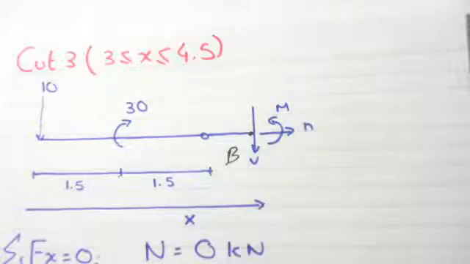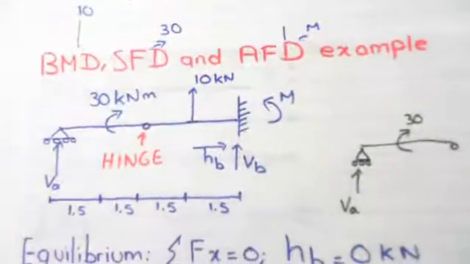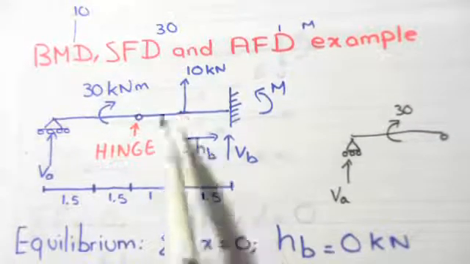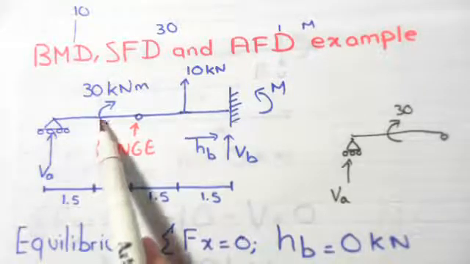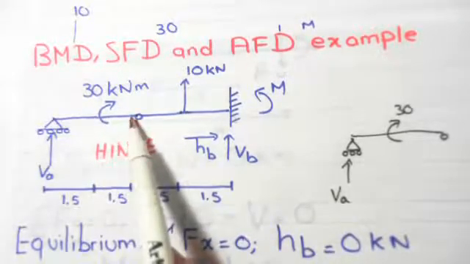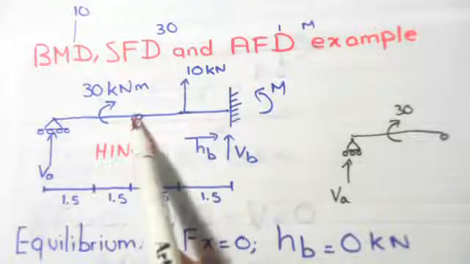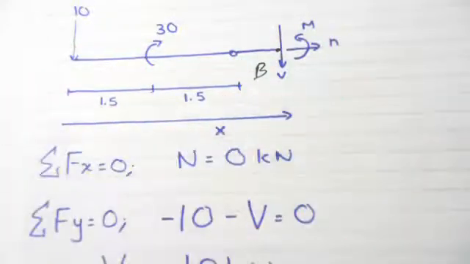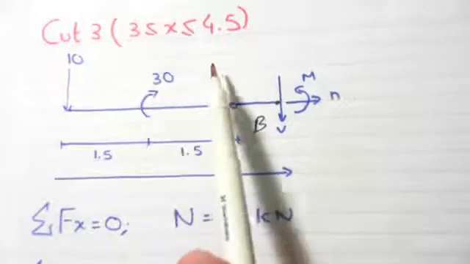Because if I show you the original diagram, the third cut is from the hinge to just before this point load, whereas the second cut was from the moment to just before the hinge. Now the only thing we added in the third cut was the hinge and no external forces. This is why we're going to have the same equations as the previous cut, except we have different extremities, which are 3 meters to 4.5 meters.